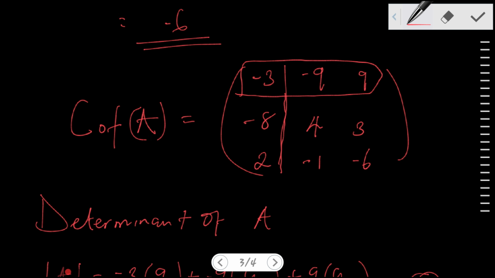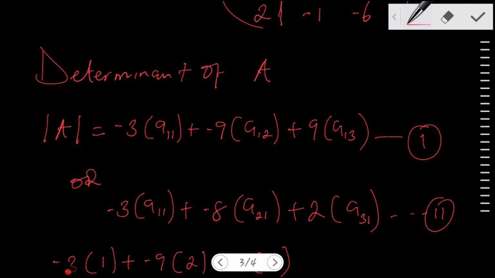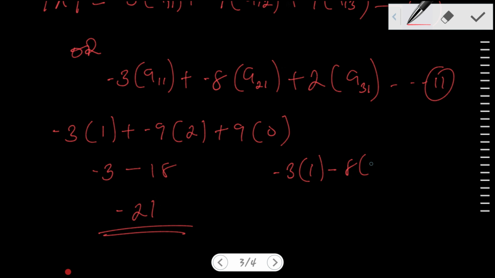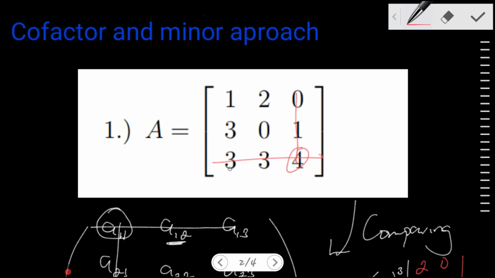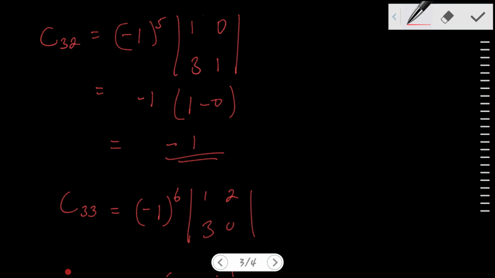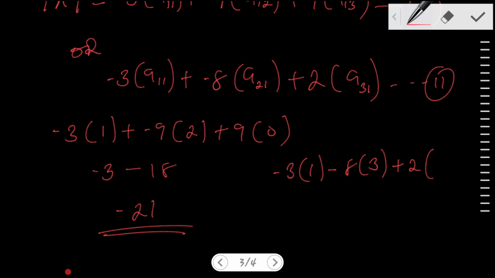Then plus 2 into A31, of which our A31 was also 3.